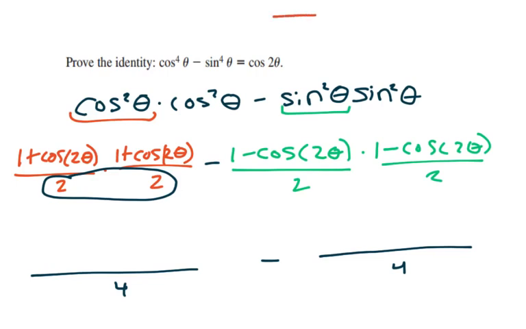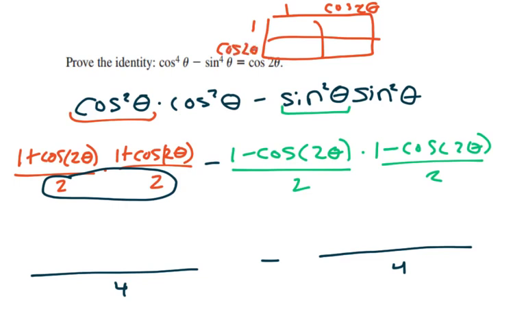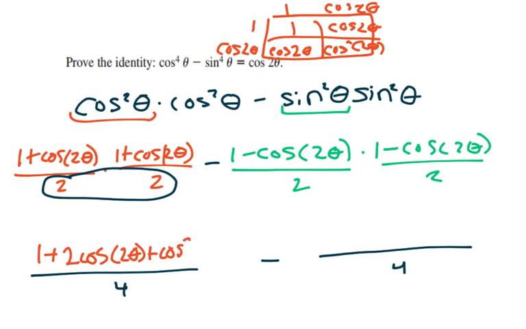And so I'm going to do a very condensed box for the left side here, so 1 and cosine of 2 theta, and then another 1 and a cosine of 2 theta. And so we've got cosine of 2 theta here when they multiply, another cosine of 2 theta, and then a cosine squared of 2 theta. So this numerator now becomes 1 plus 2 cosines of 2 theta plus cosine squared of 2 theta.